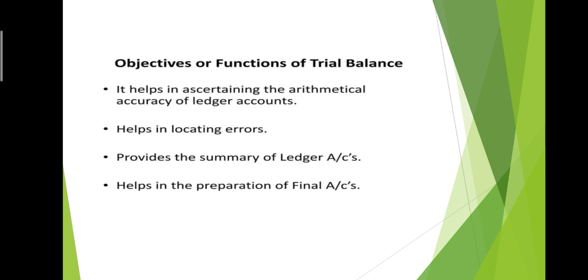Next, it helps in locating errors, in order to disclose certain errors and rectify them before the preparation of the final accounts. It provides a summary of ledger accounts, ensuring the recording of all transactions with identical debit and credit amounts.